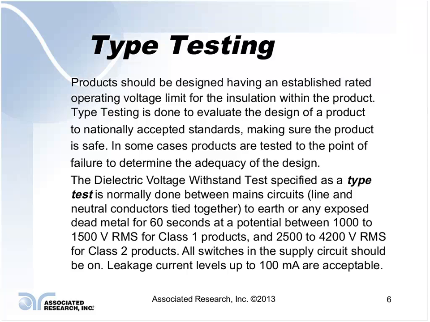When we're performing these tests, all switches in the supply circuitry should be in the on position, and in many cases, the tester itself must have an output current capacity that will provide up to 100 milliamps of current under full load conditions, and also maybe a 200 milliamp short circuit capacity, just to make sure that the voltage potential is going to be maintained at the proper level throughout the duration of the test itself.